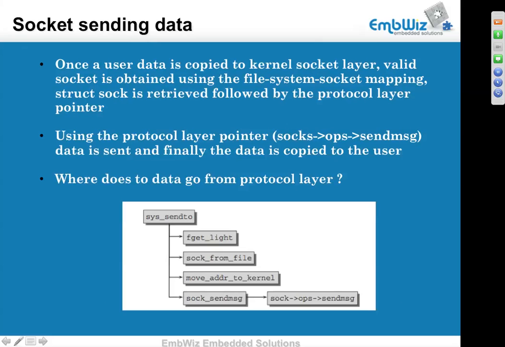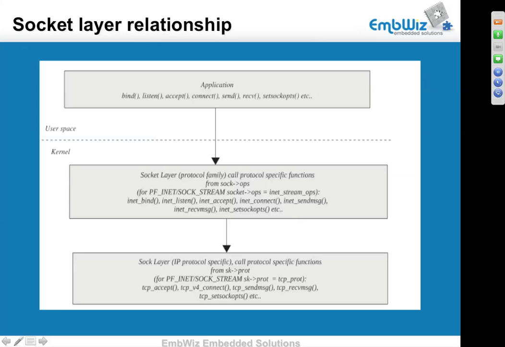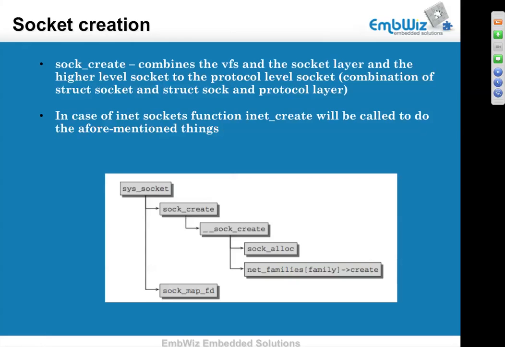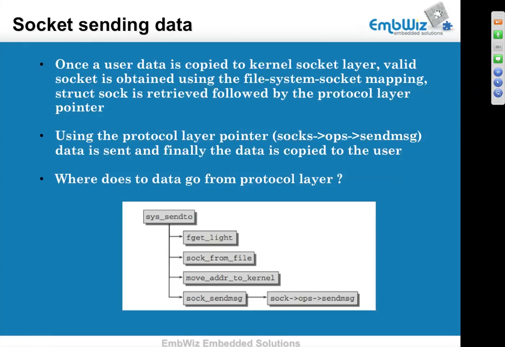So for example, this is the upper layer, sock ops send message. This will in turn call the SK pointing to SK, the previous one, SK prot, pointing to tcp_send_message. Correct.